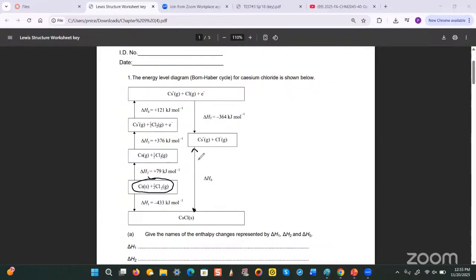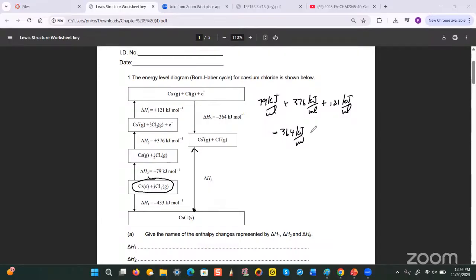So basically what I'm going to do is start here and add up delta H 2, 3, 4, and 5. So I'm going to start off with 79 kilojoules per mole plus 376 kilojoules per mole plus 121 kilojoules per mole, and then minus 364 kilojoules per mole.